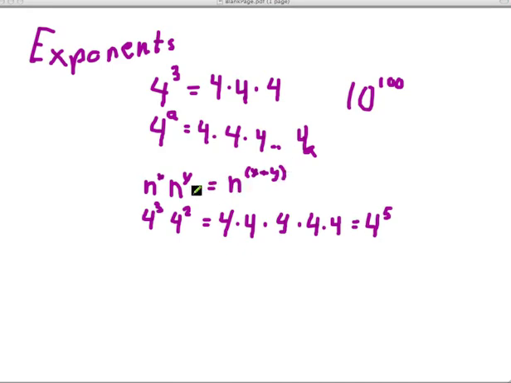If you have two numbers with the same base, this bottom number n here is called the base, then n to the x times n to the y equals n to the x plus y. And you can see in the example, 4 to the third times 4 to the second literally means 4 multiplied 5 times, which is 4 to the 5th. Right? 4 to the 3 plus 2.